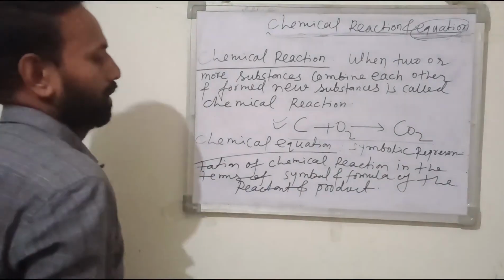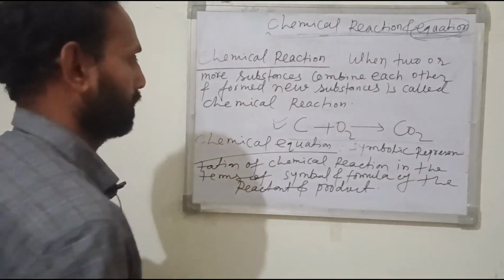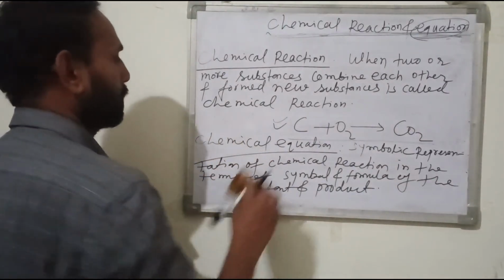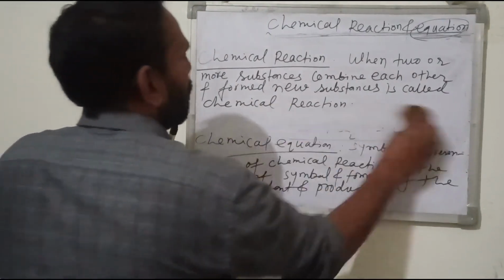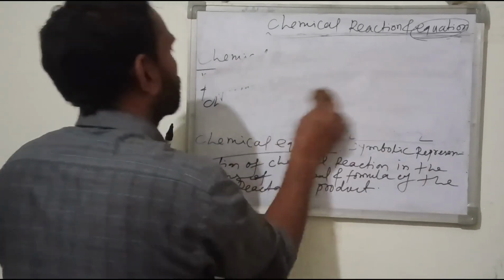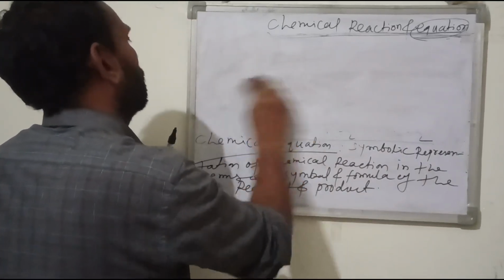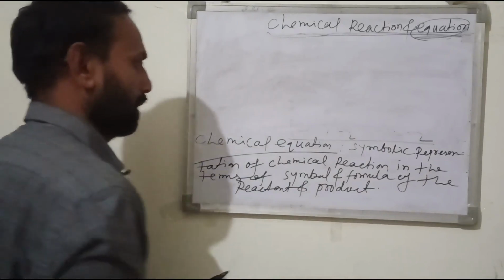Reactant and product. This is the definition of the chemical equation. So, chemical equation. Now I will give you one example about the chemical reactions.